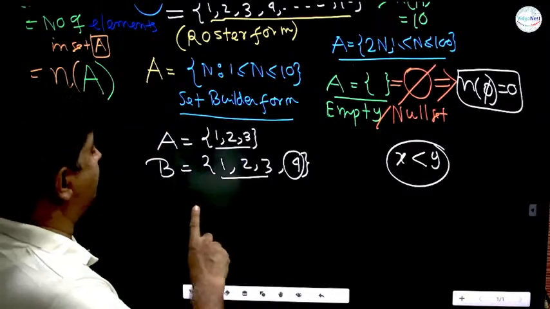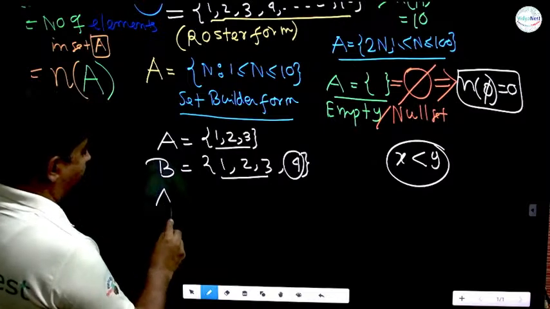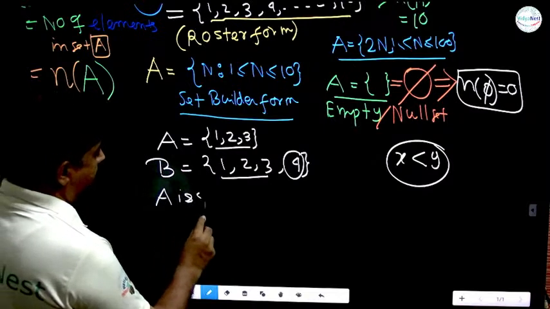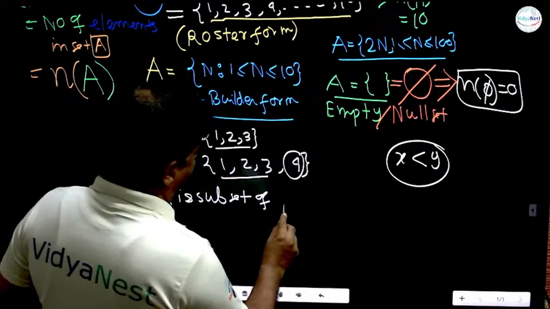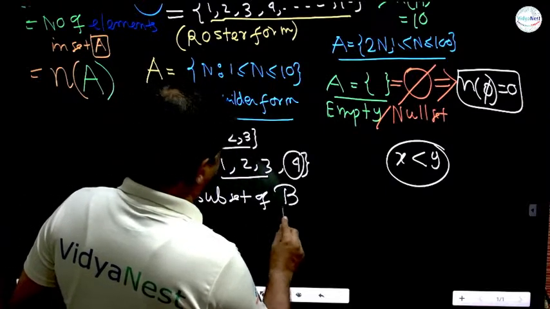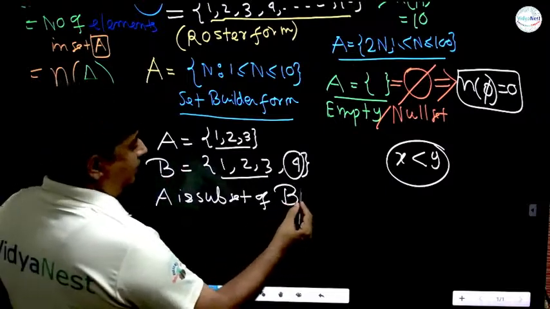Here y was greater than x, or B is greater than A, or A is less than B. That concept you bring. Here it is called A is a subset of B. How to write this?